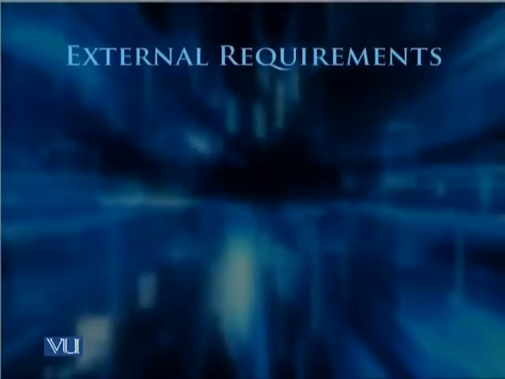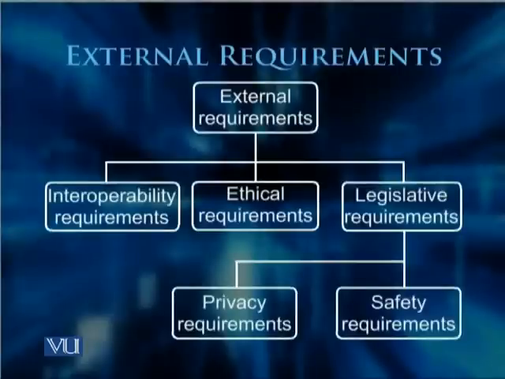Then the third type of non-functional requirements are external requirements, which are interoperability requirements, ethical requirements, and legislative requirements. The legislative requirements can be categorized as privacy requirements and safety requirements.